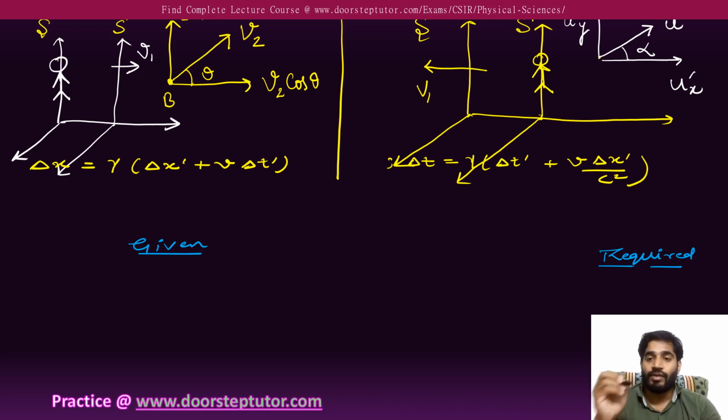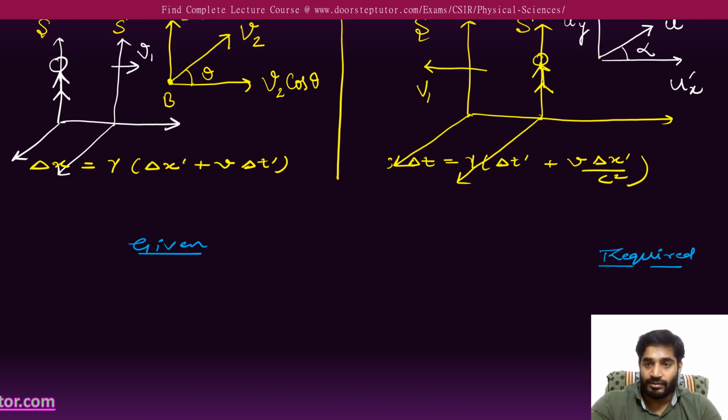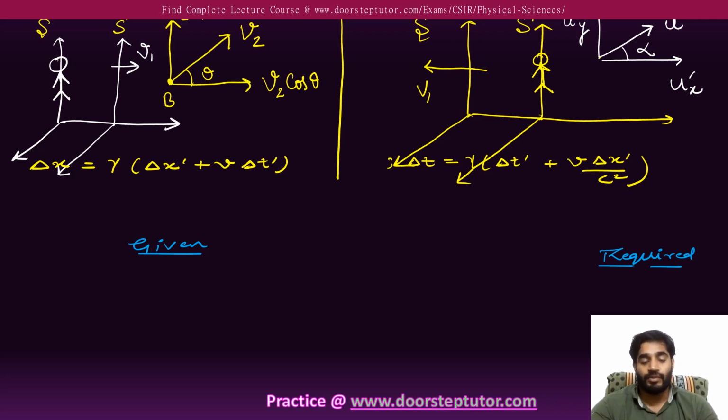Now we want to find the speed of that particle when the observer is in the S dash frame, which means we have to find u dash, also alpha, and u dash x and u dash y.